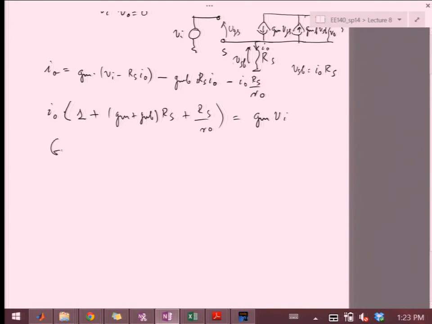And now our capital Gm is just Iout over Vi, because we've grounded the output. So this is gm over 1 plus (gm plus gmb) RS plus RS over r0.